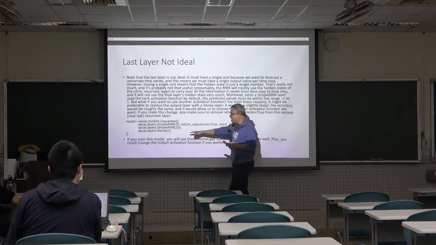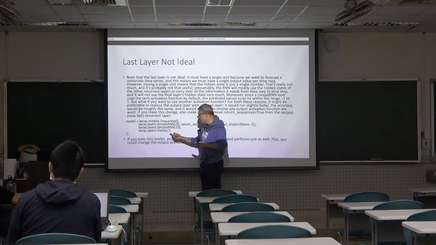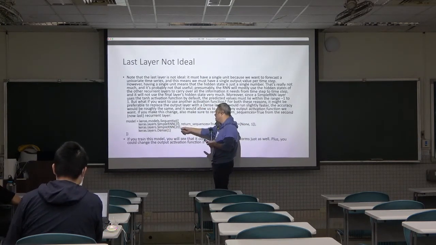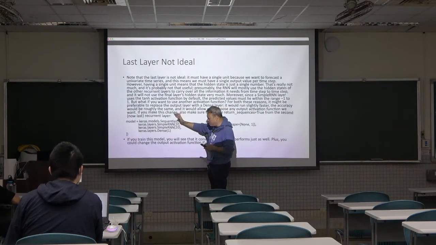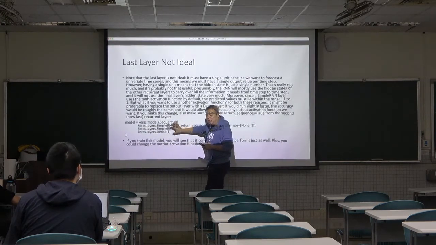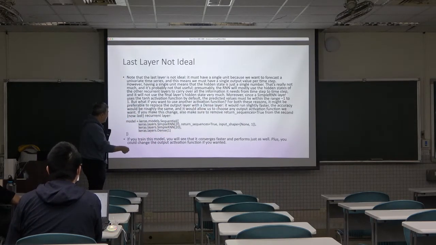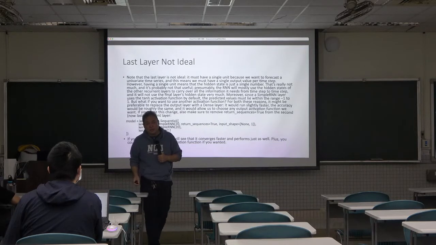If this one is a dense layer, then it doesn't expect sequence input, so the previous layer doesn't need to set return sequences to true anymore. You just change to the dense layer, and there's another benefit. In the previous model, the last layer uses hyperbolic tangent by default, right?